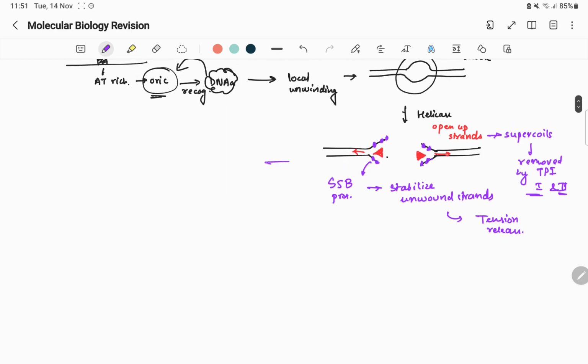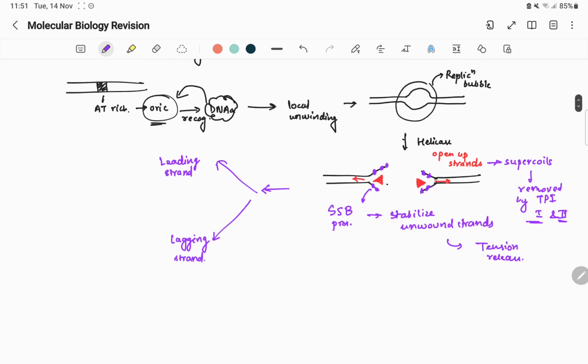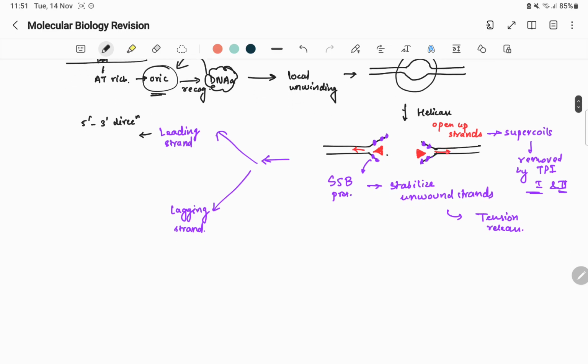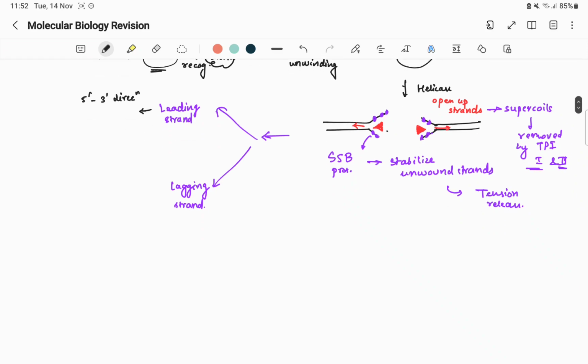So the strands are apart now, and there are two types of strands: the leading strand and the lagging strand. Understood? What changes occur in each? In the leading strand, synthesis occurs in the 5' to 3' direction, towards the fork.